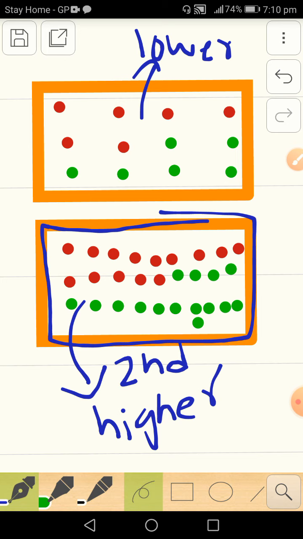Okay, now please write a note. If the concentration of a reactant is increased, then there are more particles in a given volume, and so the particles are closer.